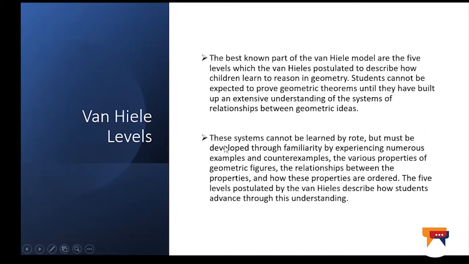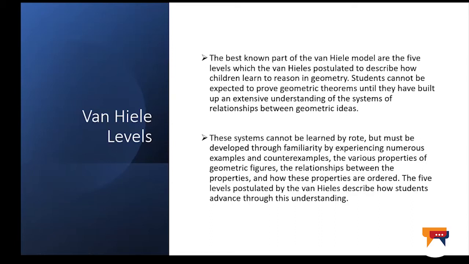One of the strands that we will be focusing on is the Van Hiele levels. The best known part of the Van Hiele model are the 5 levels, which Van Hiele postulated to describe how children learn to reason in geometry. Students cannot be expected to prove geometric theorems until they have built up an extensive understanding of the systems of relationships between geometric concepts.